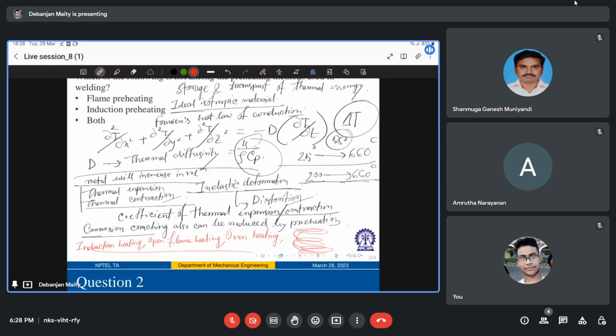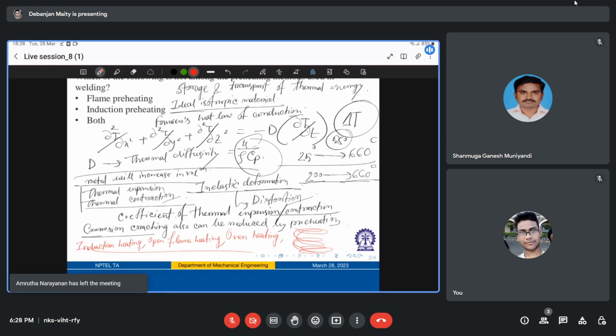And in terms of drawbacks of flame preheating, what should I mention? It can include inconsistent temperature uniformity. Unlike induction heating, where the heating area will be uniform, in an open flame there must be some distribution of the heat source. It is not uniform over the whole surface. There can be some Gaussian distribution, I'm not sure what distribution is there.